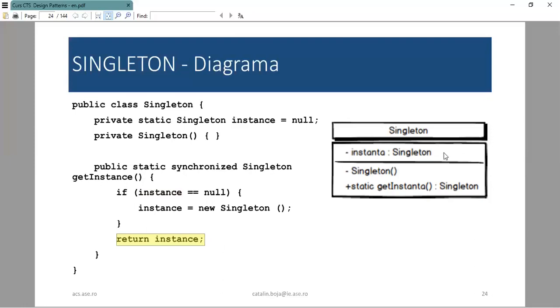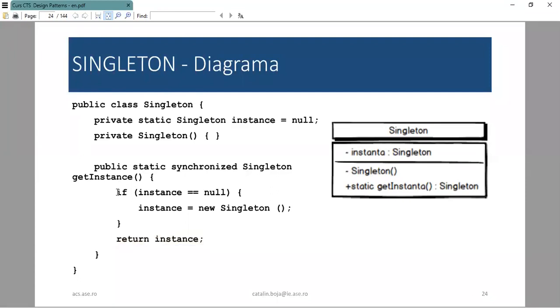And this is the UML diagram that should help you see this, okay? Define an attribute with the reference type of your class, make all your constructors private, and implement a public static method. It's important, static, because otherwise it's useless, called getInstance or getObject, and this should always return this reference.